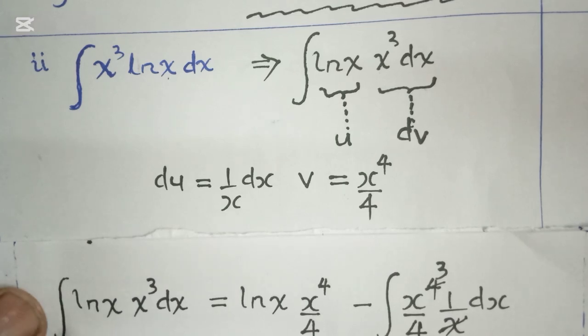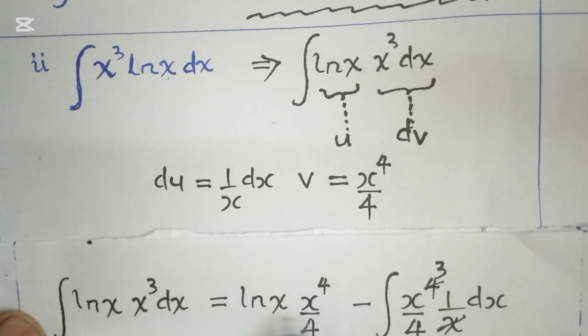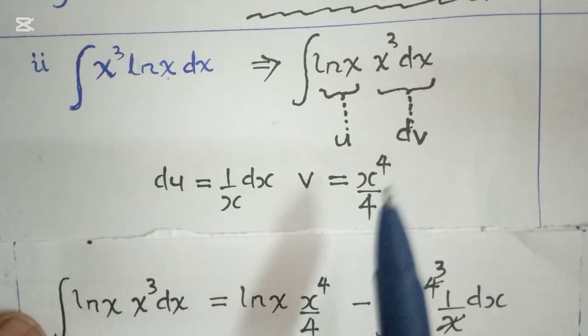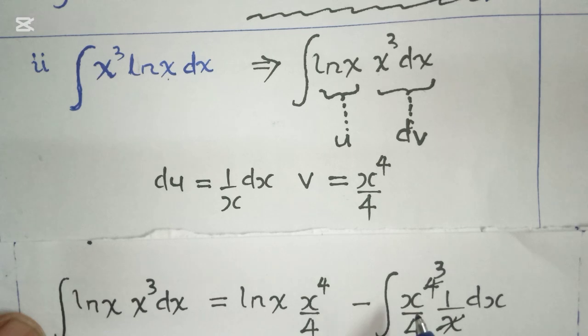That is, we have the integration by parts formula, whereby this is the question. Then we have here u and v. Our u is supposed to be ln x. Our v is x raised to 4 over 4, minus the integral of v du. v is x raised to the power 4 all over 4.